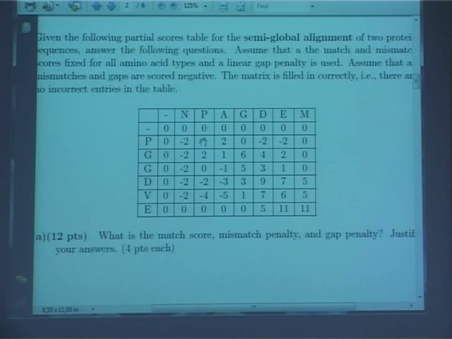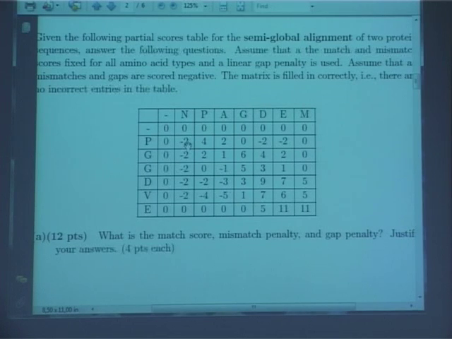The score of 4 could have come from the top, left, or the diagonal. But the top and left entries are both smaller than 4. Since we have negative gap penalties, we cannot increase these numbers by adding the gap penalty.